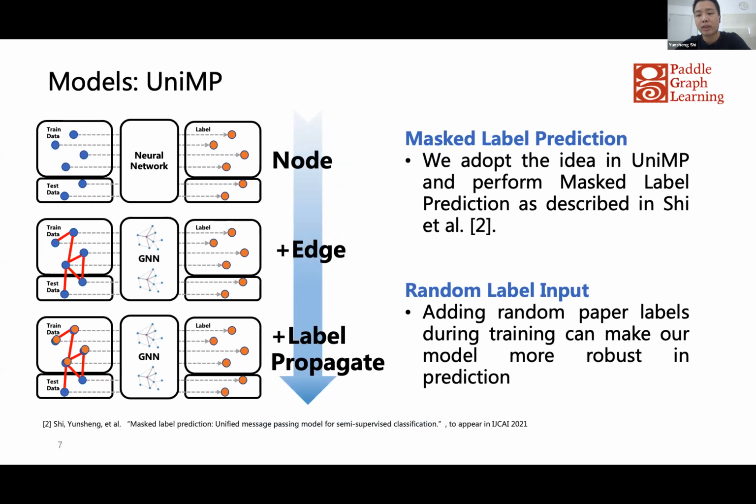We adopt the idea from the paper UniMP, which proposed to incorporate node feature and label as input in both training and inference to further utilize neighborhood information. We further adapt the masked label prediction strategy from UniMP to train our model, to prevent the label leakage problem, since we use the label as input. Moreover, we find that adding random paper labels during training can make our model more robust in prediction.